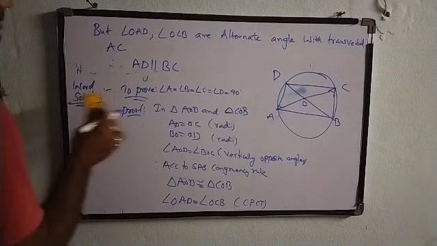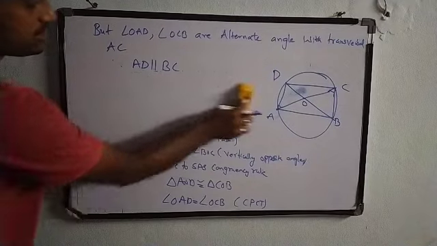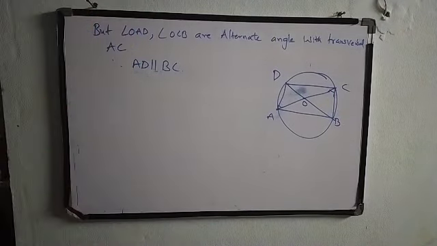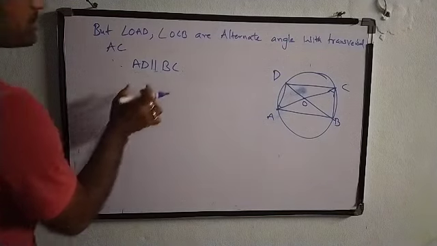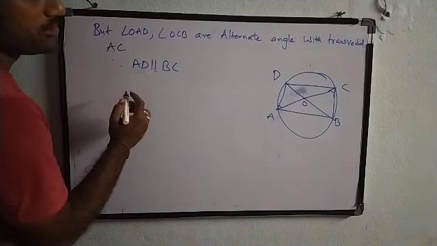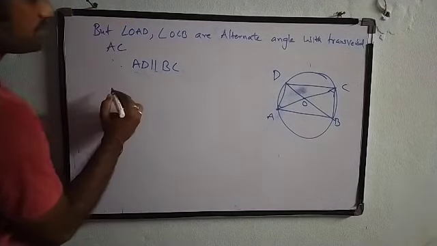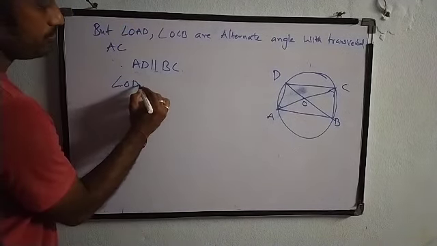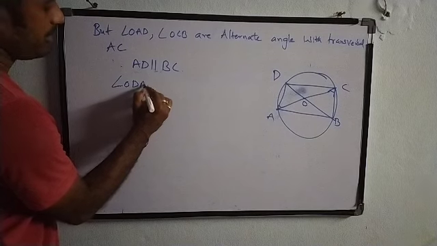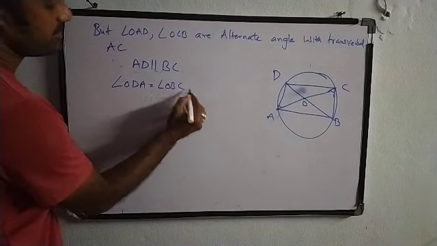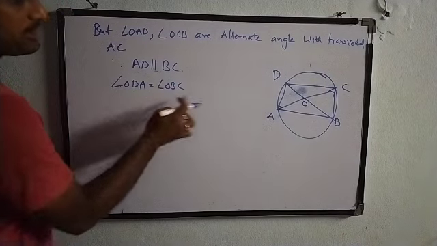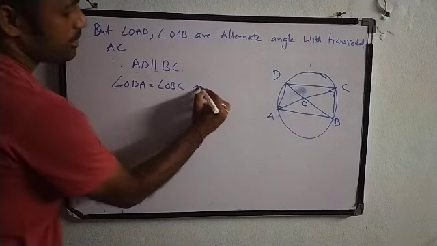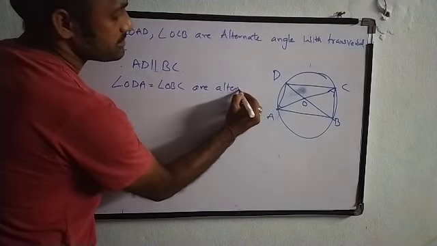Since alternate angles, we can use the concept only in the case of parallel lines. Similarly, according to CPCT, we can say that angle ODA is equal to angle OBC. These two are also alternate angles with the transversal.